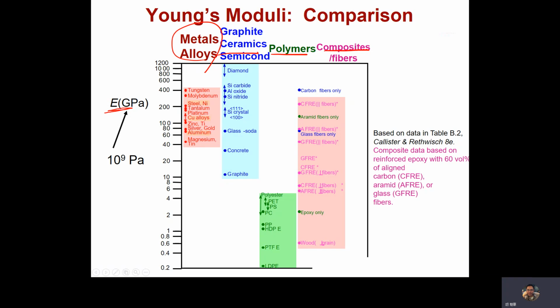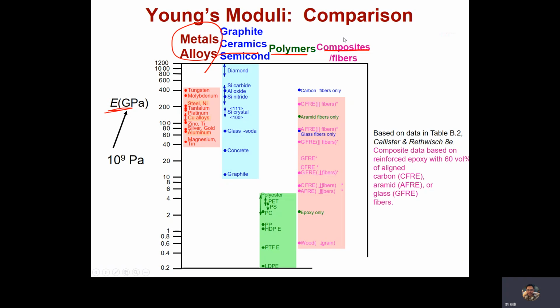From this comparison between the different types of materials, we can realize that metal or alloys are more ductile than ceramics.